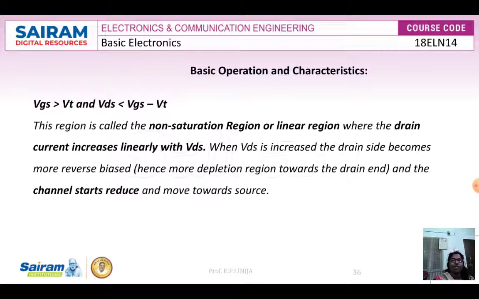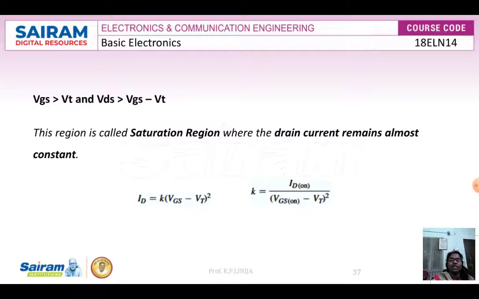When VDS is increased, the drain side becomes more reverse biased, meaning more depletion region towards the drain end, so the channel starts to reduce and move towards the source. Coming to the third condition, VDS greater than VGS minus VT. This region is called the saturation region.